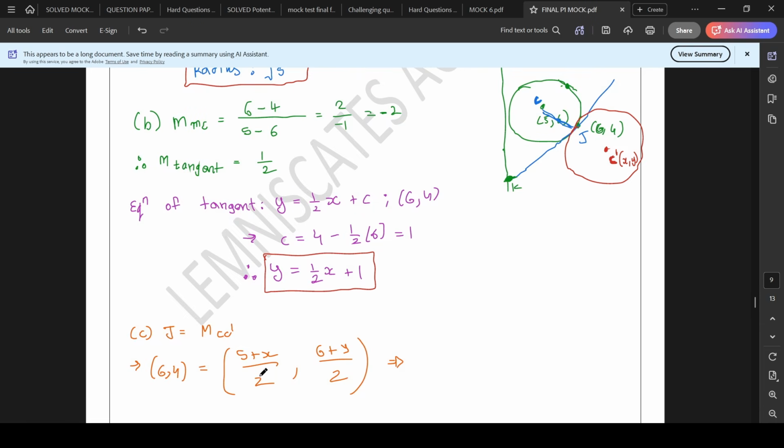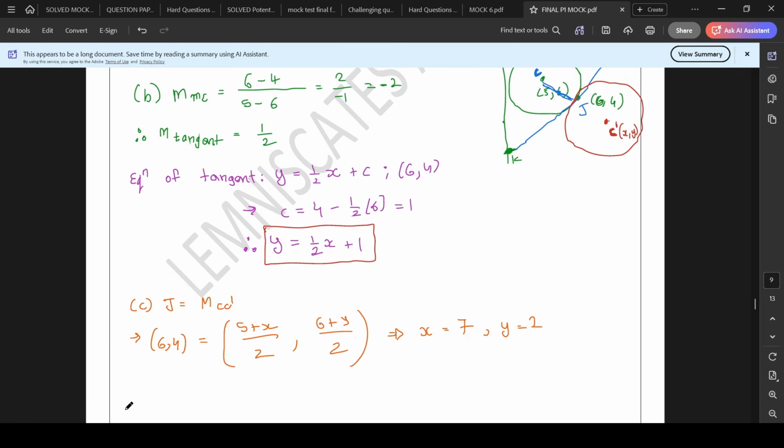From here I can say that my x will be equal to 6 times 2, which is 12. 12 minus 5 is my x value, which will come out as 7. And then for y, 4 times 2 is 8. 8 minus 6 is 2. So 7 and 2 are the coordinates for C dash.